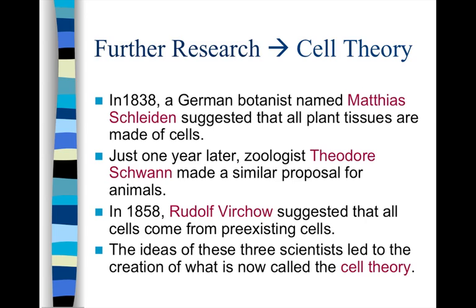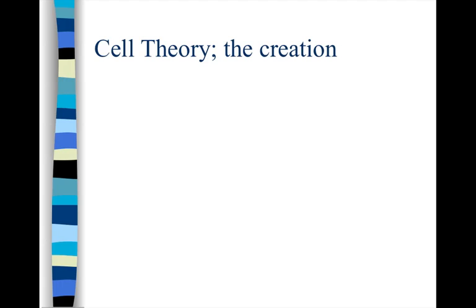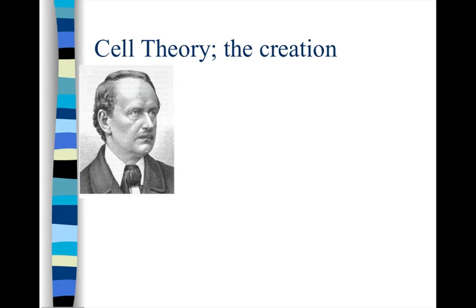These ideas all stuck together made up the cell theory. Remember, a theory is a hypothesis and another person's hypothesis, and thousands of other people's hypotheses all stuck together. The cell theory has three basic parts.